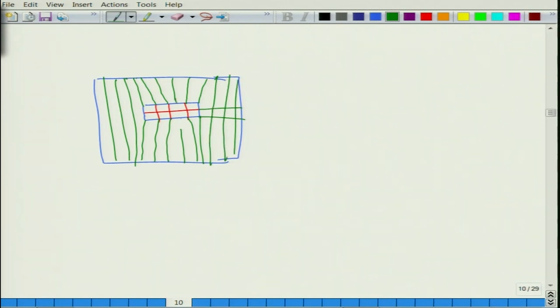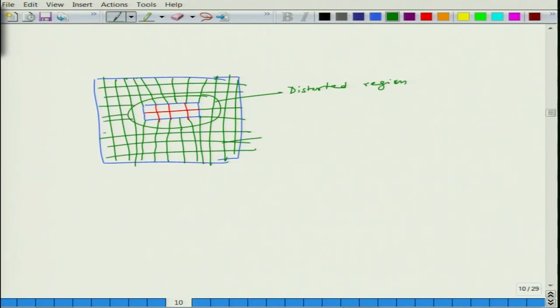So this is the distorted region. If you can draw the lattice completely, this would be your aluminum, that is alpha, this would be theta double prime.